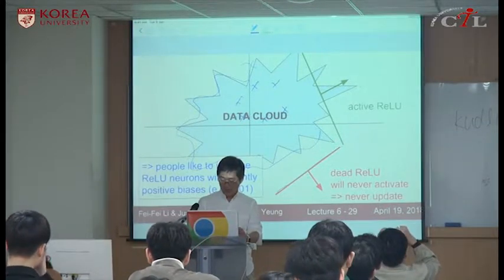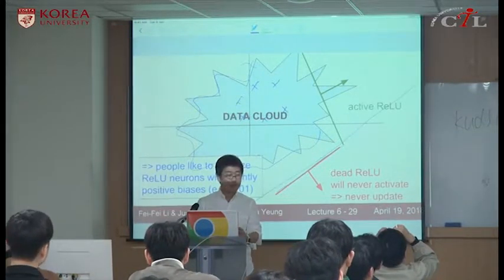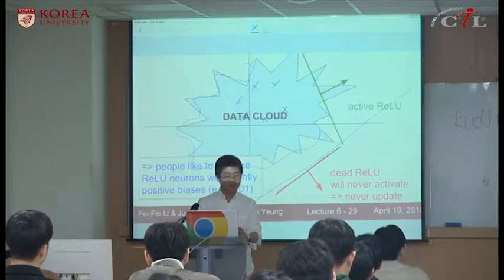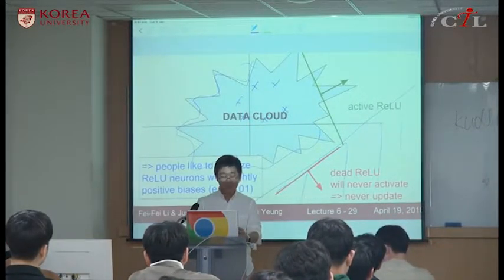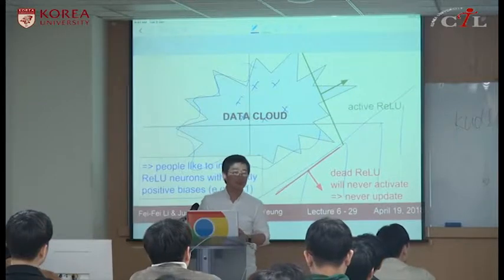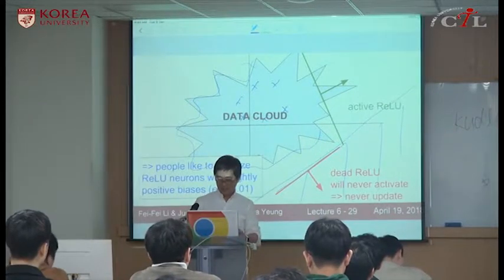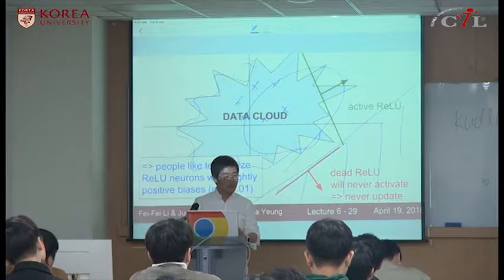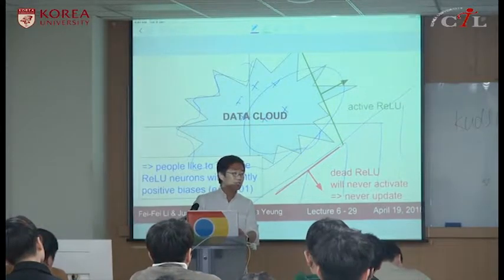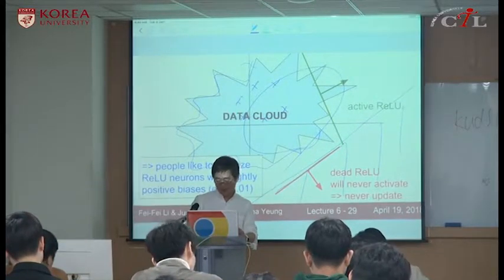So sometimes it happens that our line is formed in this manner, where this region gives positive output and this one gives negative output, and that's when this ReLU unit gets dead, right?